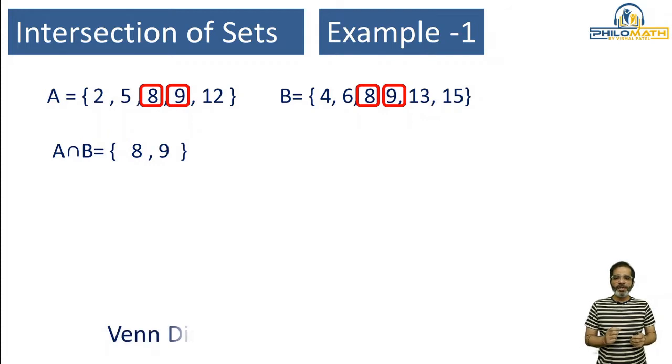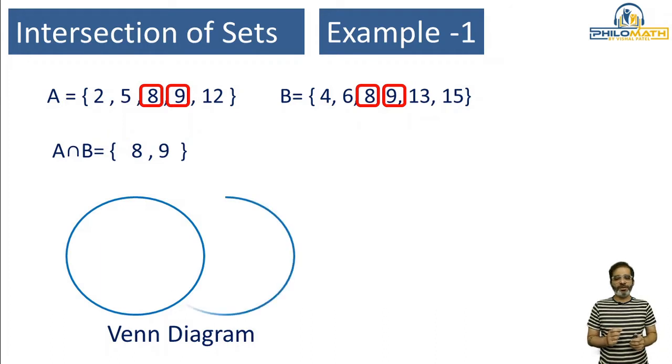Now let us see how we draw the Venn diagram for this. If you see sets A and B, we had certain common elements. So I'm going to draw two circles intersecting each other. Why intersecting? Because the intersection is the place where the common elements are going to come.